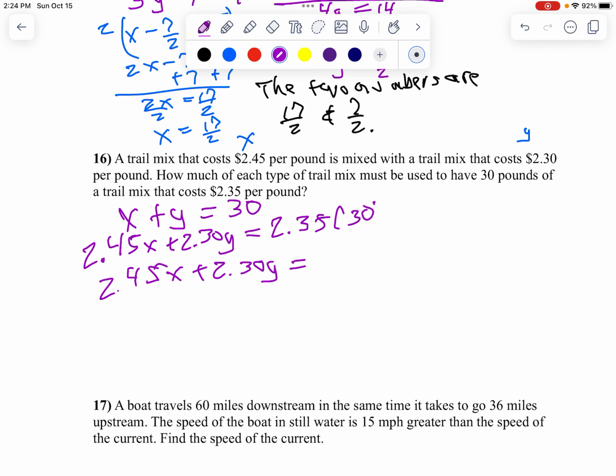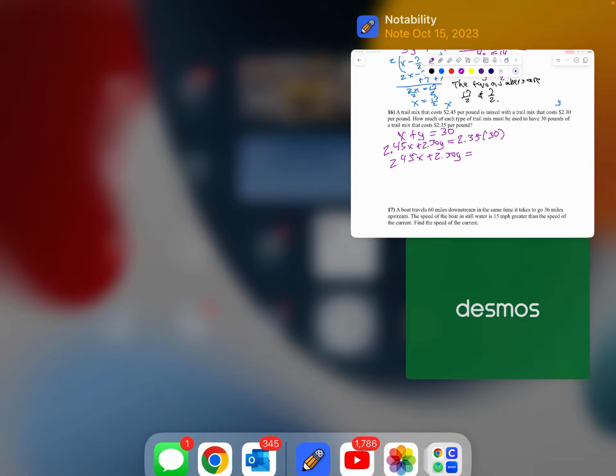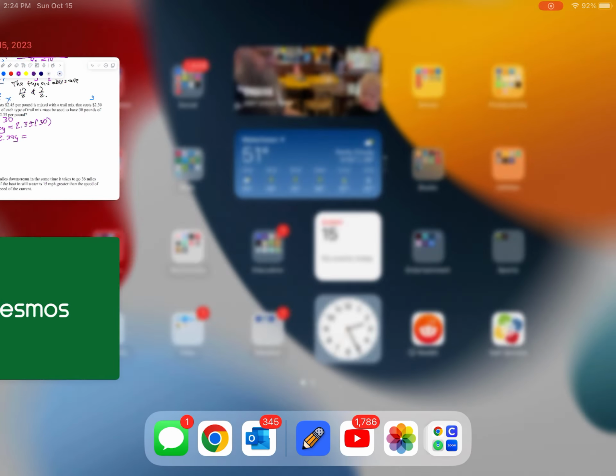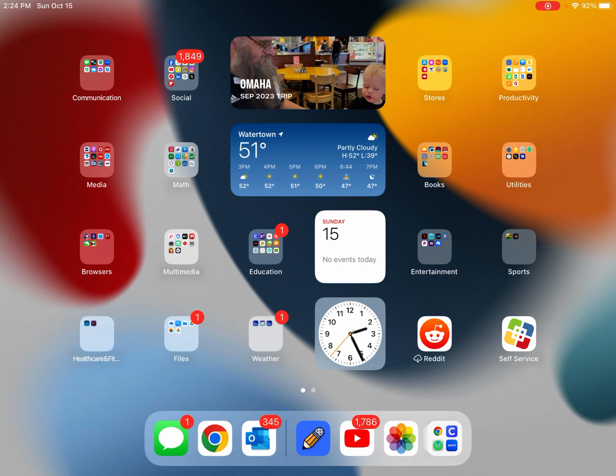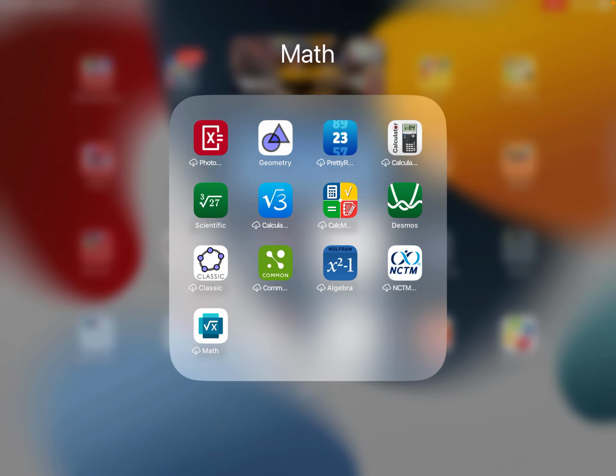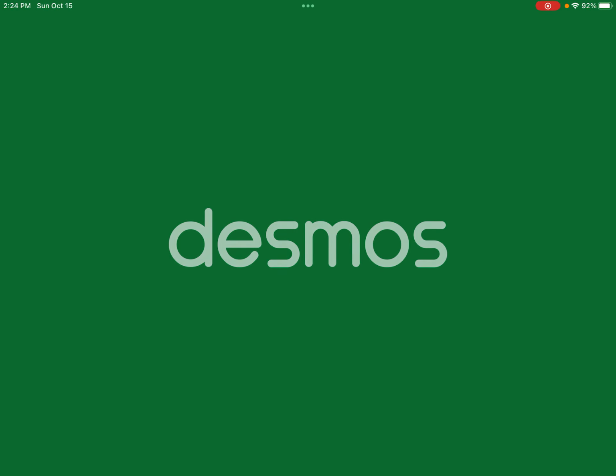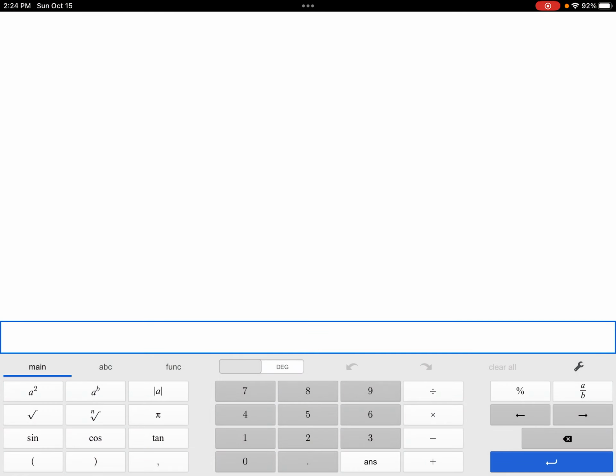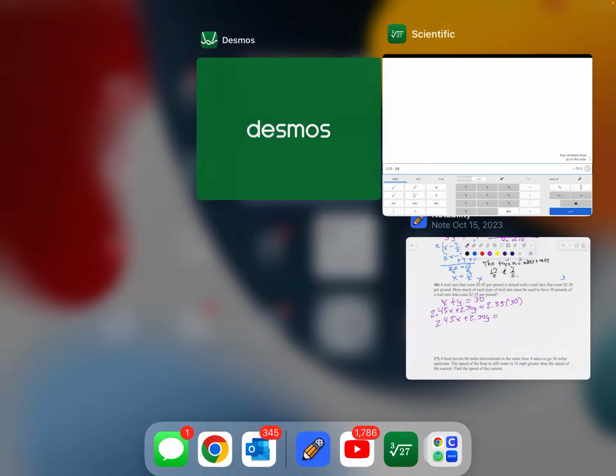So if we take 2.35 times 30, we get $70.50.